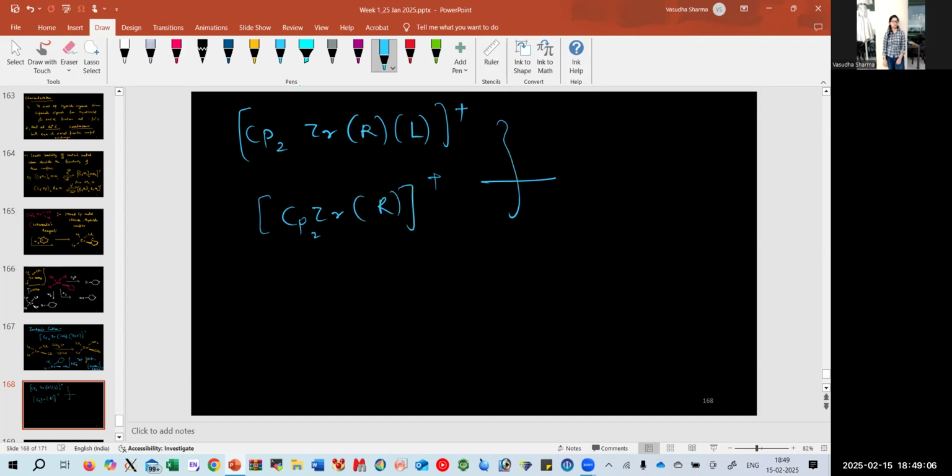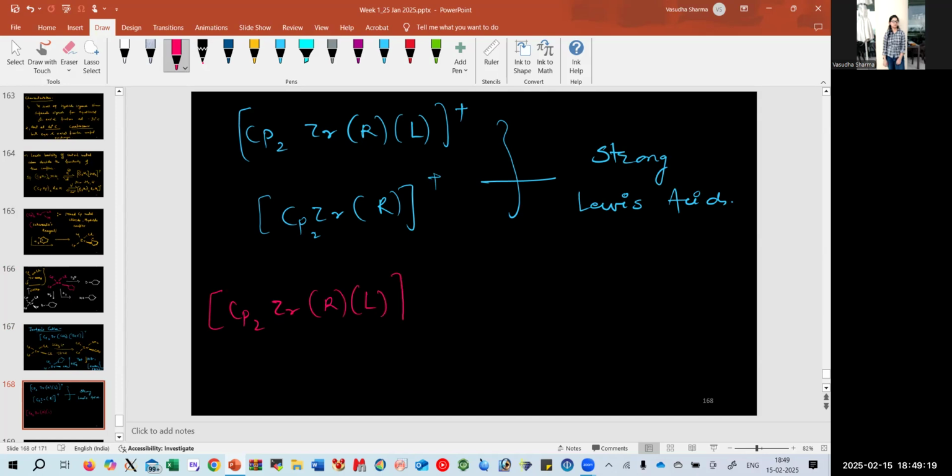So these kinds of complexes, the Jordan ones, Cp2Zr(R)L positive, these types of complexes are strong Lewis acids. So for example, if I'm treating Cp2Zr(R)L with BF4, since it's a Lewis acid, it would react with the F minus.